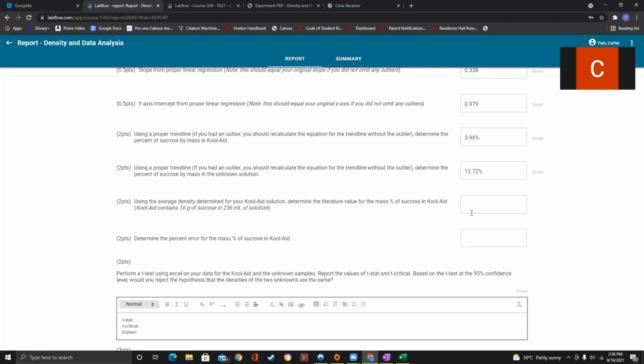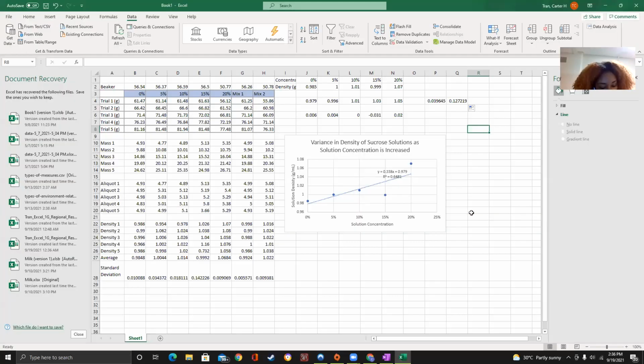Average density, so that's gonna be 16 over 236 times the density we had here, which was 9924.